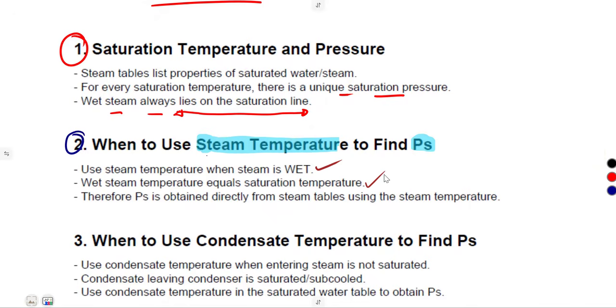When we are given that, therefore PS is obtained directly from steam tables using what? The steam temperature given. When this happens, use your steam temperature from your steam tables. You can find your what? Your PS.